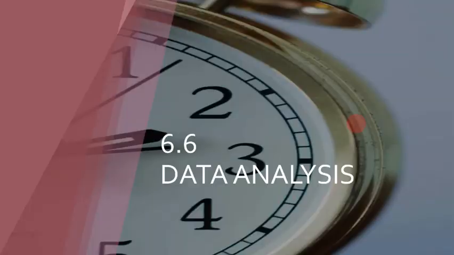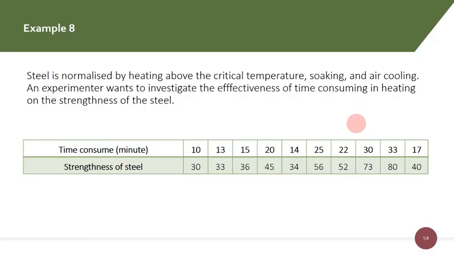Okay, now let's look at the last subtopic, which is data analysis. Let's look at example 8. Steel is normalized by heating above the critical temperature, soaking and cooling. An experimenter wants to study the effectiveness of the time consumed in heating on the strength of the steel.